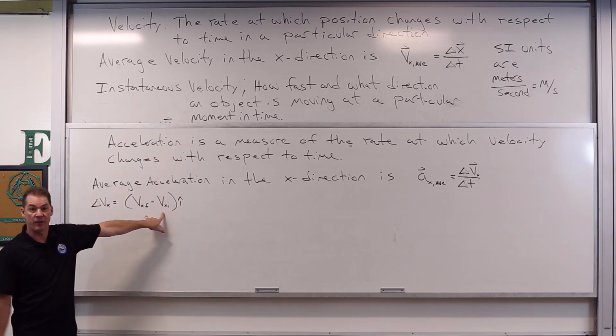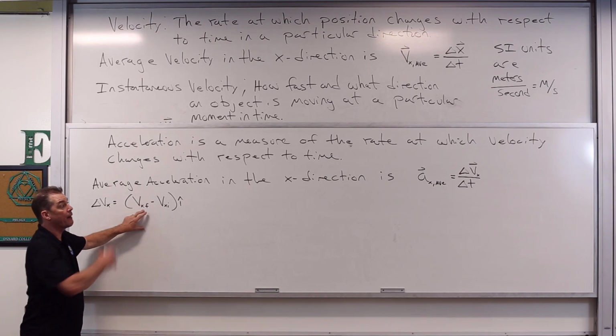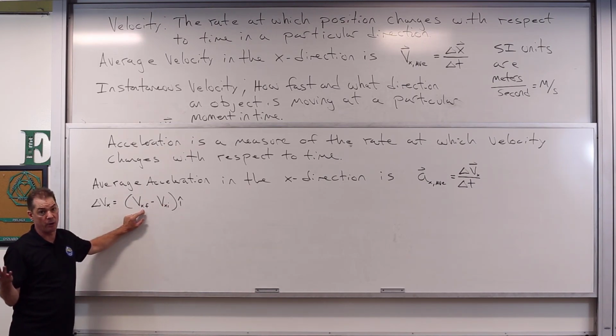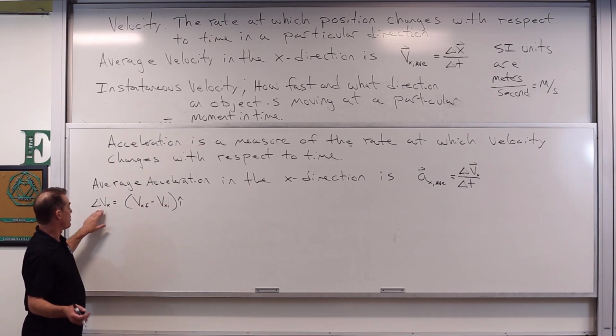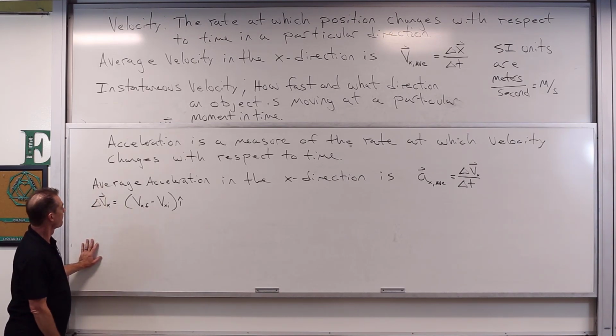These are not average values here. These are instantaneous values. How fast was it moving initially? How fast is it moving after some amount of time transpires? That allows us to find out what delta v hat is.